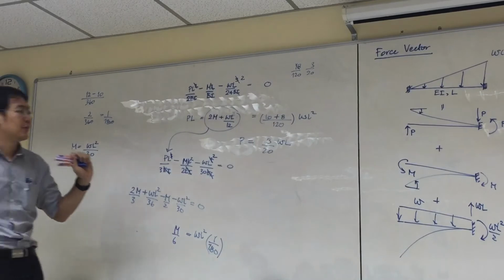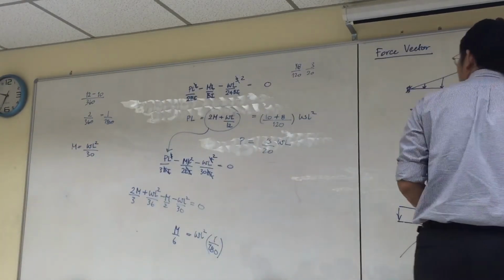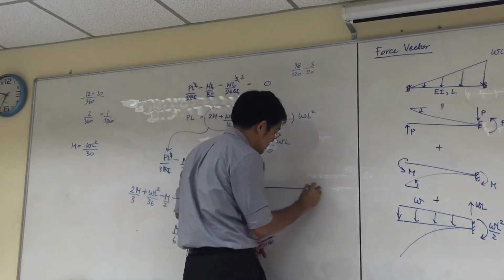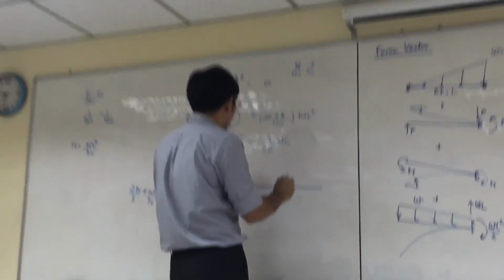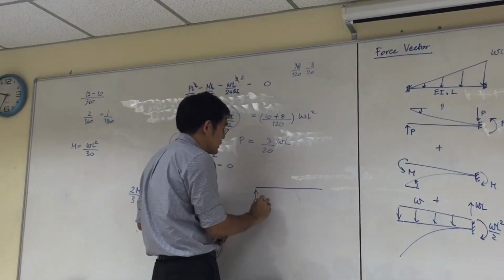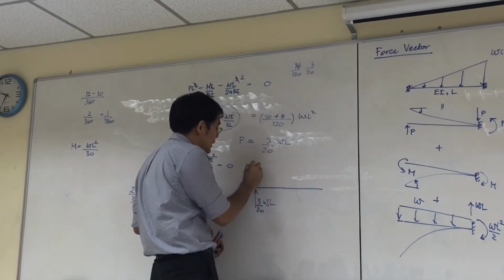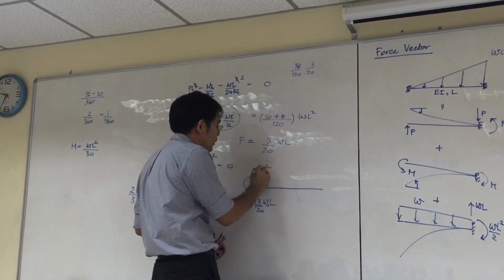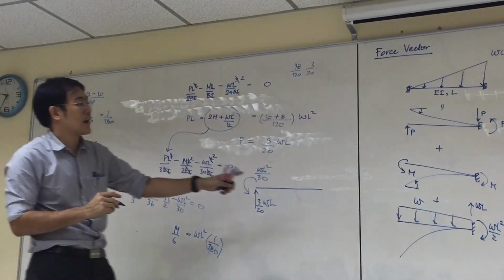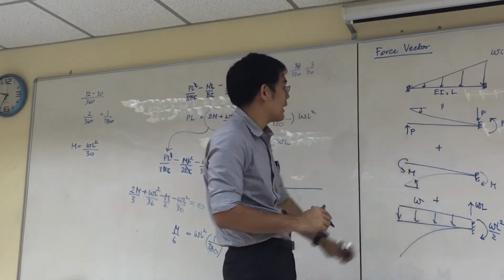Now, figure out the other reactions. So you have P equal to 3/20 WL. You have the M being WL square over 30. Look at the other side, you have a P downward, WL upward.